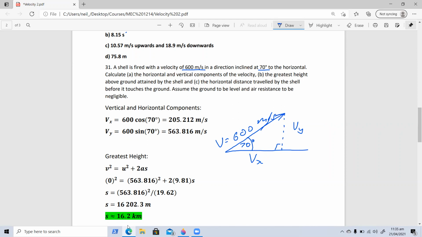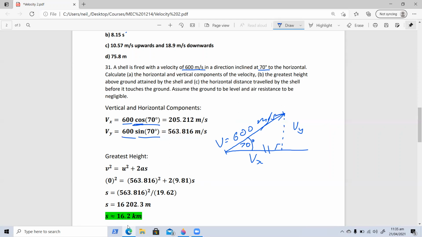So Vy is equal to 600 sine 70, opposite. 600 is the length of this line. And Vx, 600 cosine 70, because here it is not opposite, it's the adjacent.